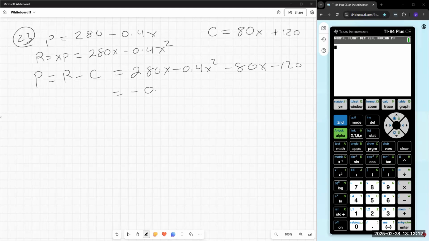That will be negative 0.4x squared plus 200x minus 120. So P prime will be negative 0.8x plus 200.